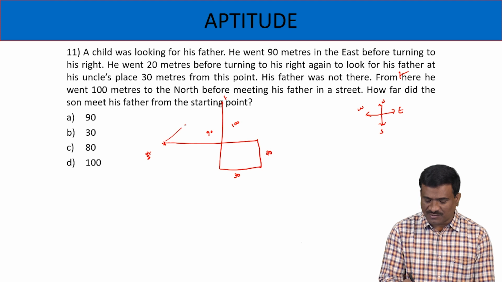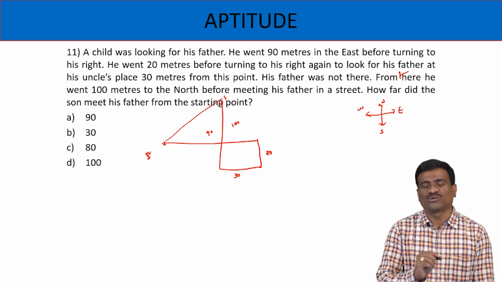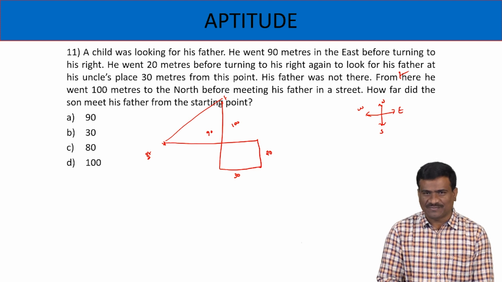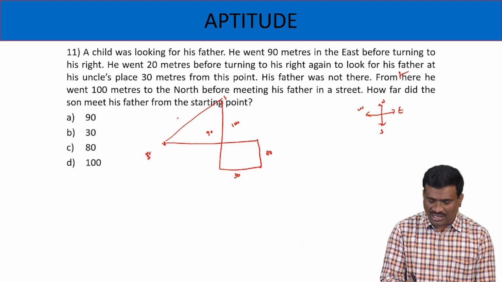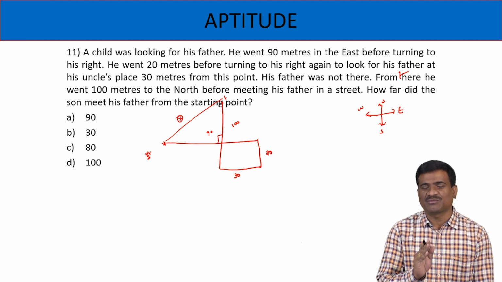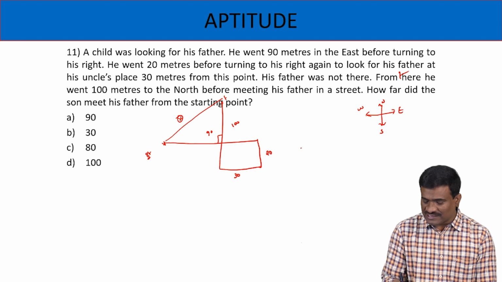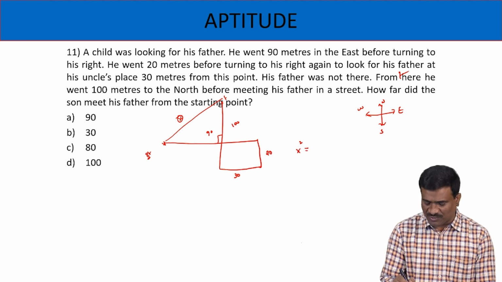Calculate the distance between father and son. Always calculate only the shortest distance. You find the father and son x value. This is a right angle triangle. By the Pythagoras theorem, AC square is equal to AB square plus BC square, where AC is x.